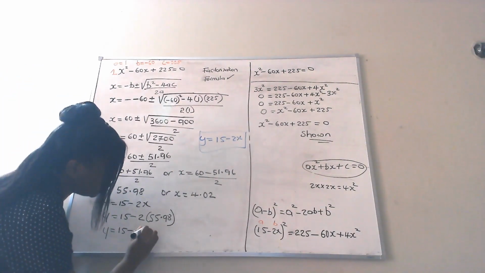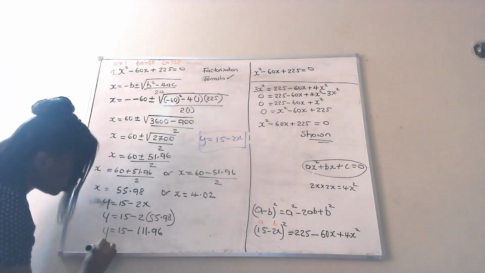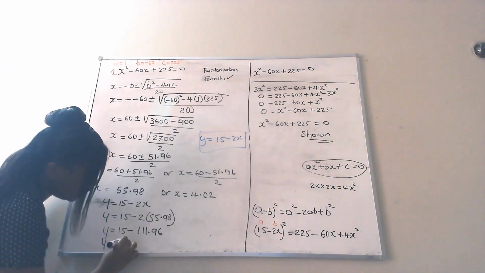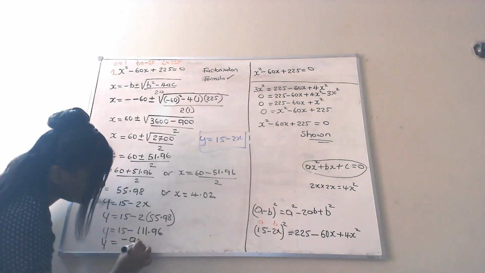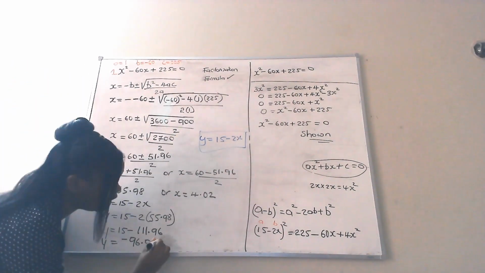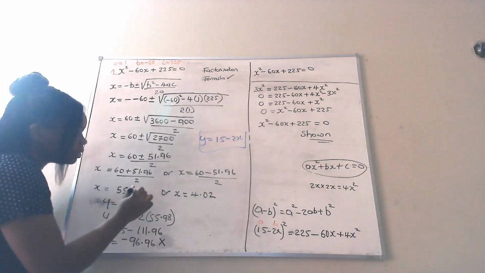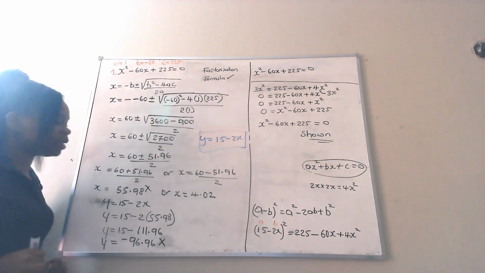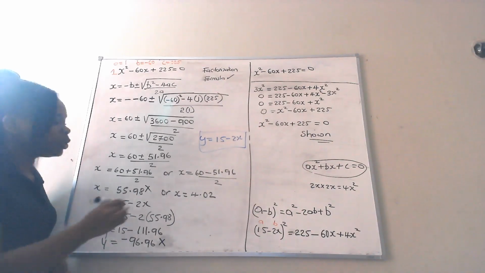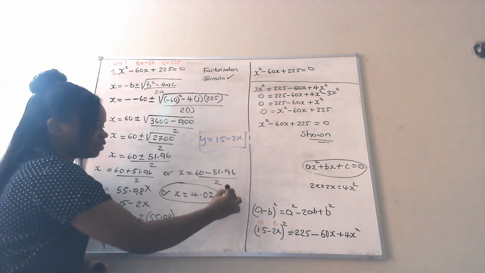That is 111.96. Y is equal to minus 96.96. We cannot have a negative value for y. So it means that this value of x is incorrect. So this is our correct value of x.